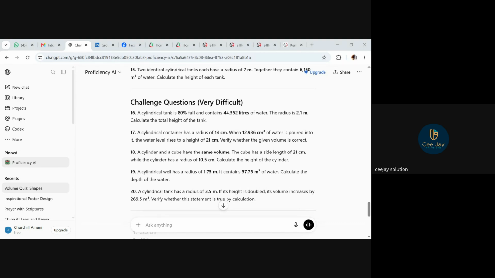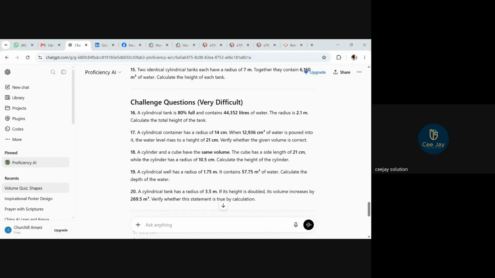Then the next part for calculating the surface area of a closed cylinder, first of all, you find the curved surface. The curved surface is the circumference of this circle times h, where h is height.